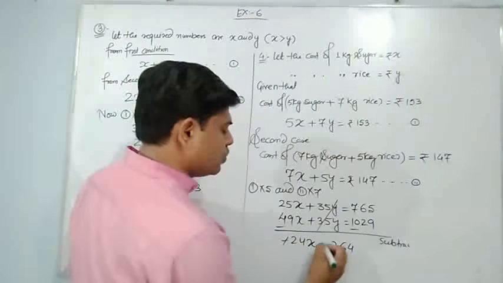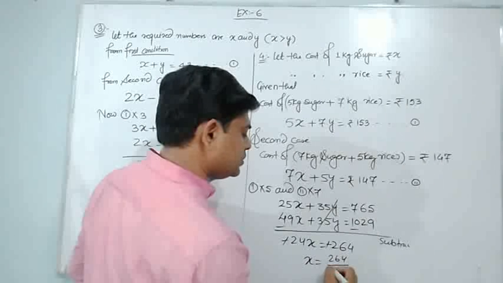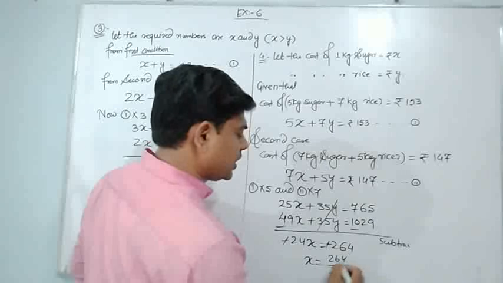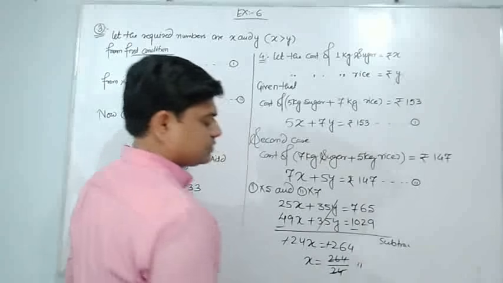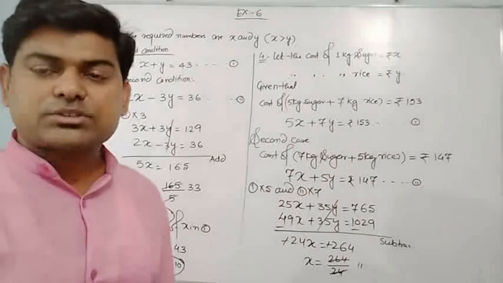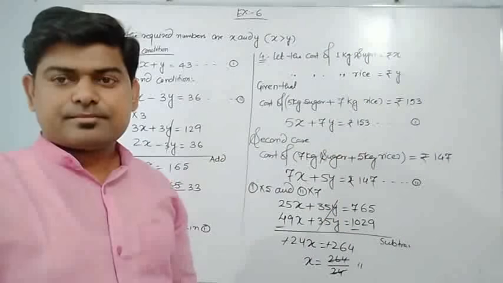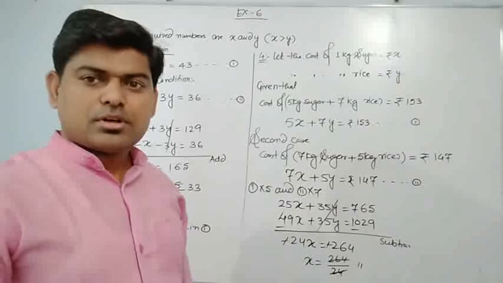So what should be the value of x? x is equal to 264 upon 24. I think it is 11. The value of x we got is 11. It means the cost of 1 kg sugar is rupees 11. Got it? I think you got it.